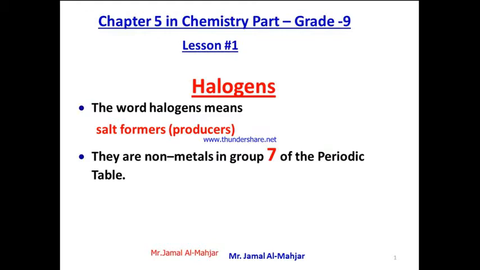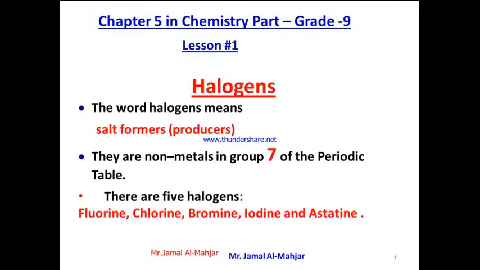So all of them are non-metals in group 7. There are 5 halogens. What do you call them? Fluorine, chlorine, bromine, iodine, and astatine.